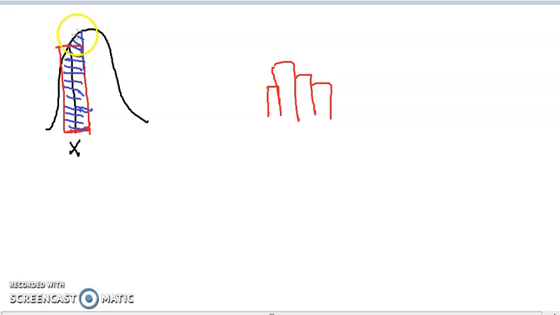As you can see, this little corner right here is not included in the rectangle. So we're missing that part. But this rectangle includes that little corner there, which is not under the curve. So these two pieces kind of cancel each other. So the area under the curve, shaded in blue, is going to be very close to the area of this rectangular bar. So that's called continuity correction.